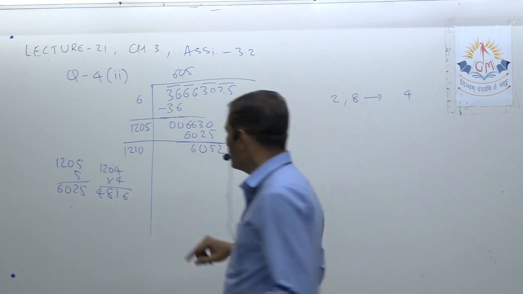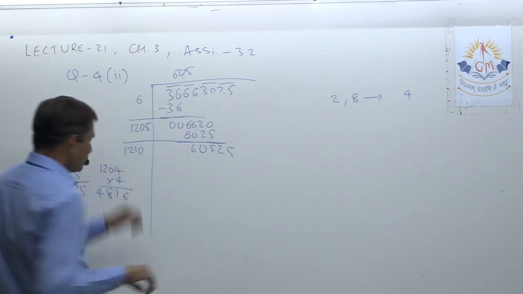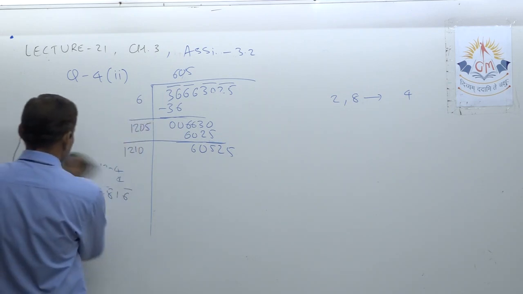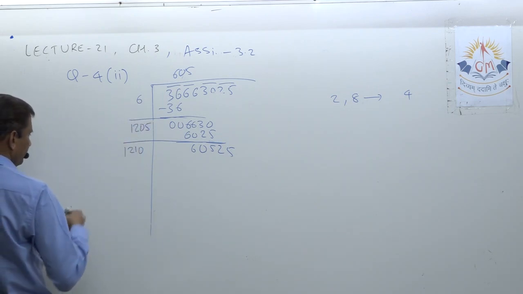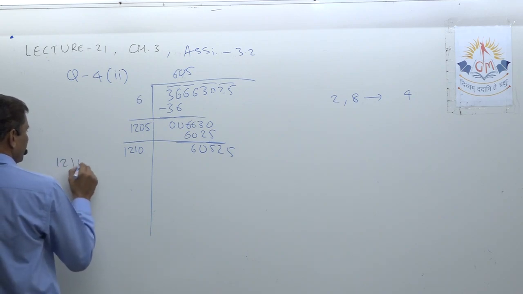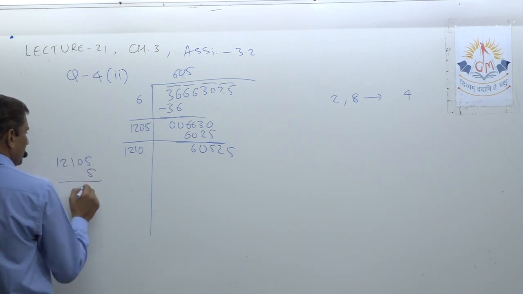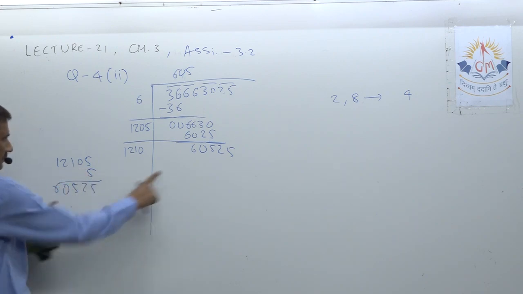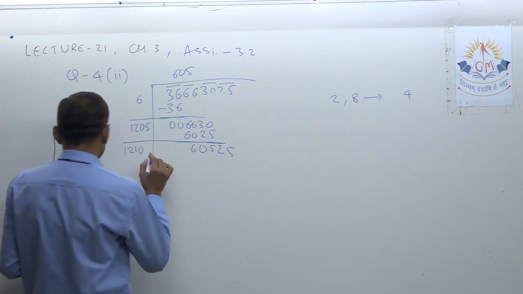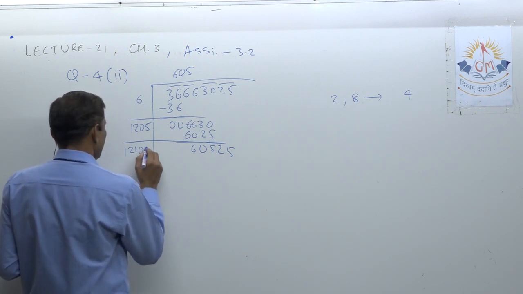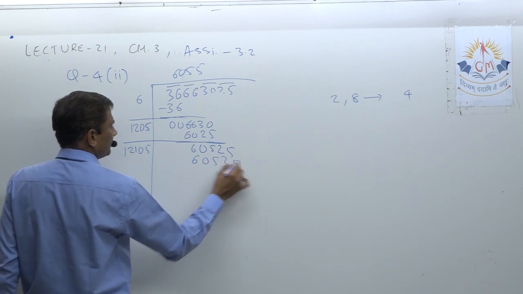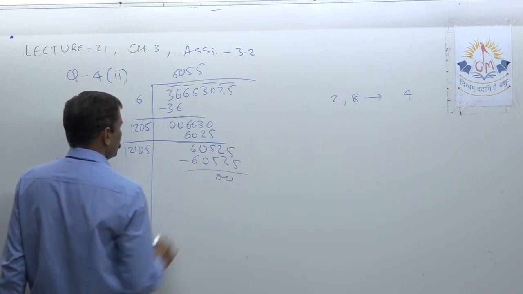So we just try 12105. 12105 into 5: 5 5s are 25, 5 1s are 5, 5 2s are 10, 6. Okay, we got it. So now 1, 5 into 5: 6, 0, 5, 2, 5. 0 got.